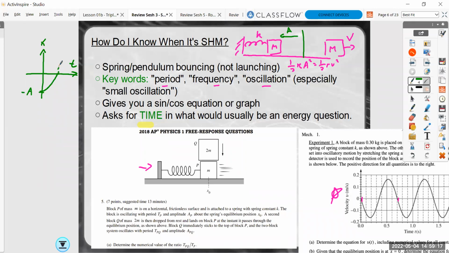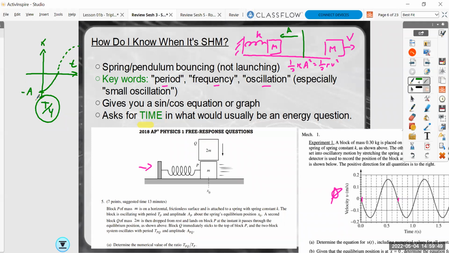This is basically the first quarter period of my spring, right? Going from here to 0 is a quarter period, because then I would also have 0 to the other side, and back to where I started. And so the length of time it's going to take to get from maximum amplitude to 0 is just a quarter of whatever the full period of oscillation was, and you could find that out.